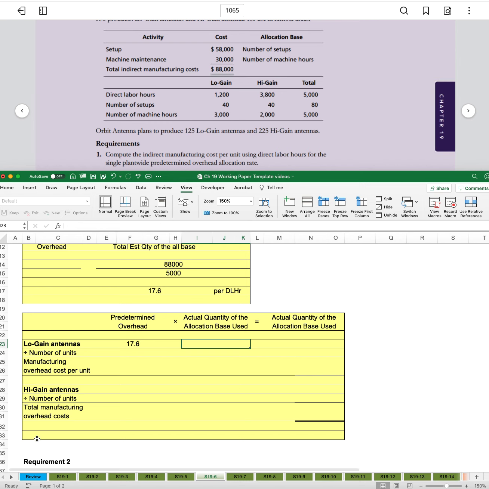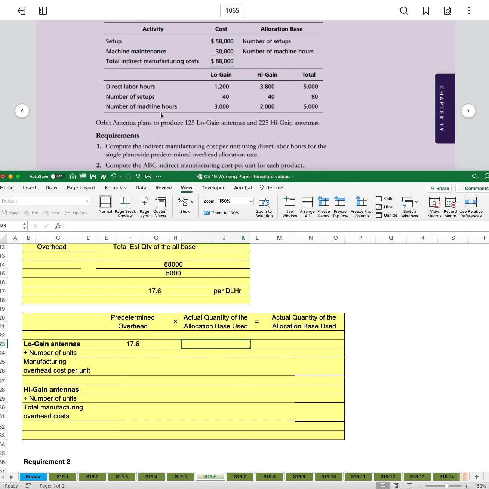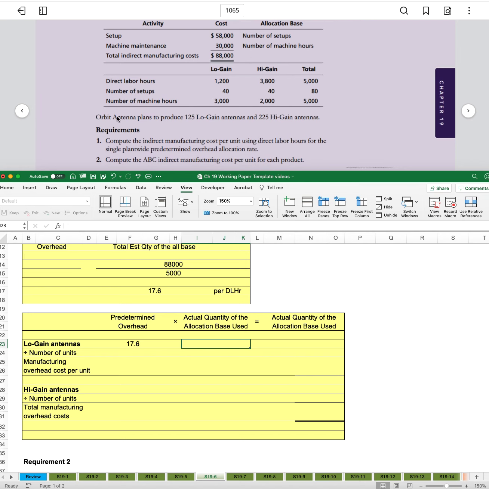And so for low gain antennas, direct labor hours, 1,200 for low gain, so I'll put 1,200 here, and then multiply 1,200 times 17.60 for 21,120.